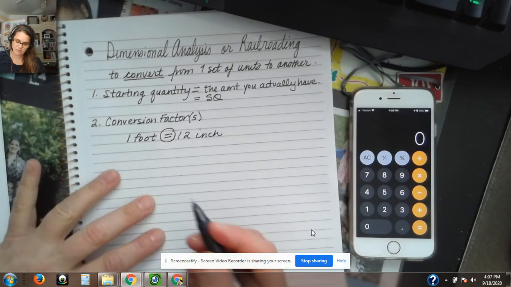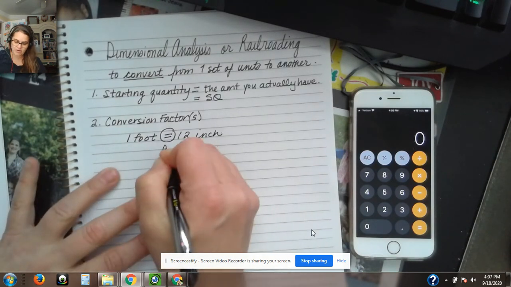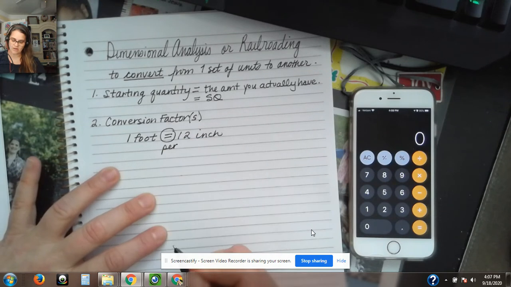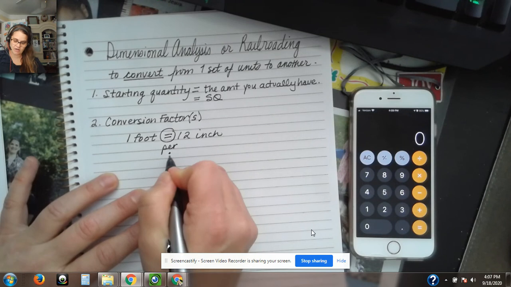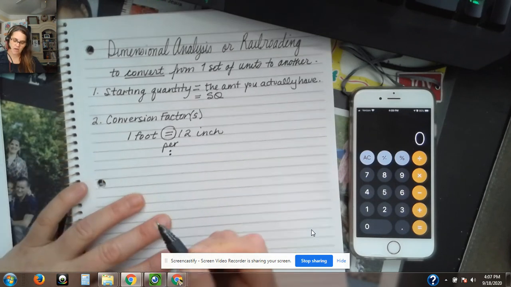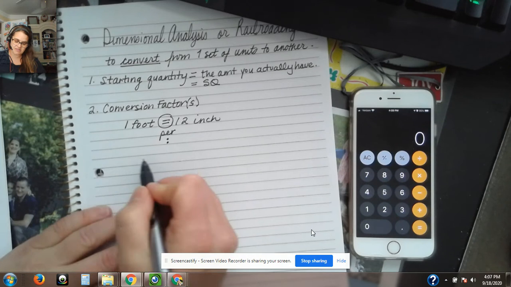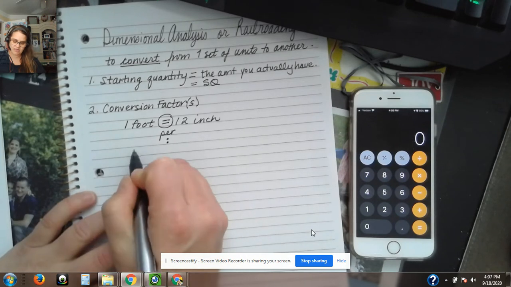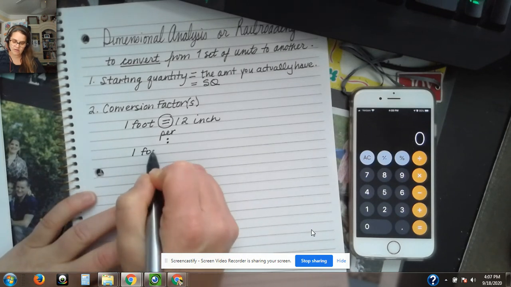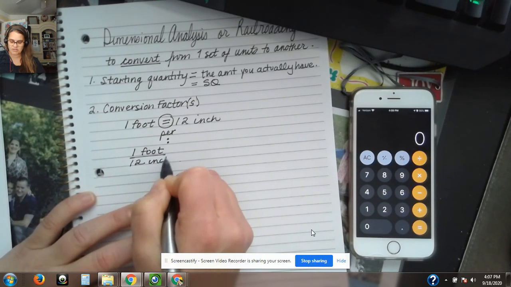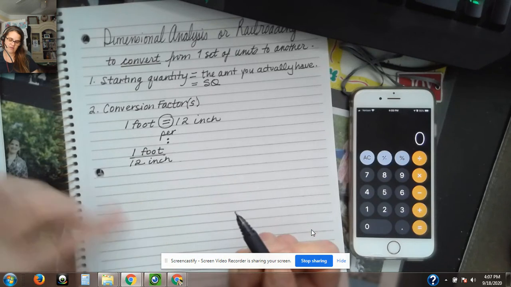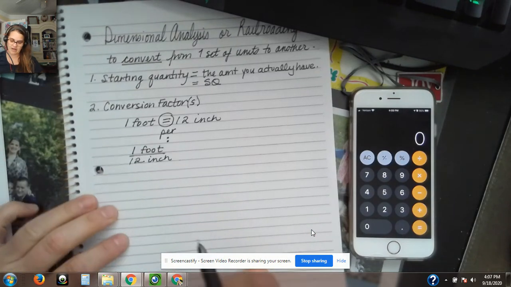Other things that you might see are the word per. You might see a colon, like a ratio. Or you might have something like this, where we say 1 foot over 12 inches. And even this is a conversion factor.